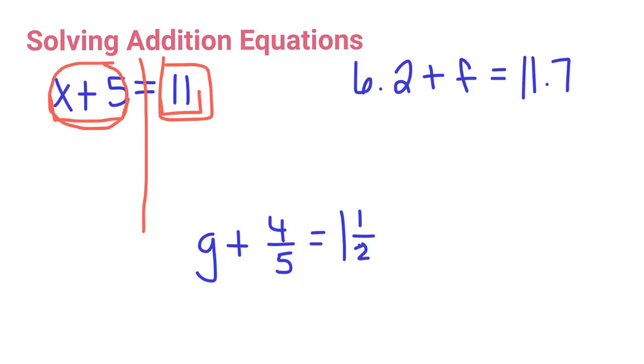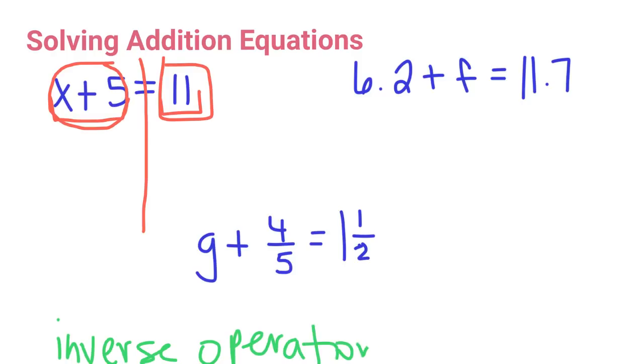Now I'm going to use the inverse operation. We're going to keep that in mind: inverse operation. That means I'm going to use the opposite operation of what's happening in my problem. If I look at my problem, I'm adding, so the inverse operation would be to subtract, and I'm going to subtract 5 from both sides because remember, I have to keep my equation equal or balanced.